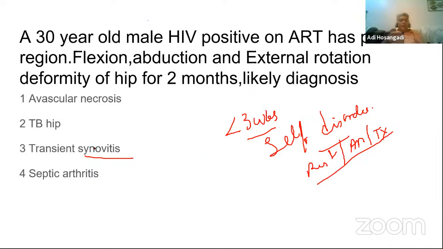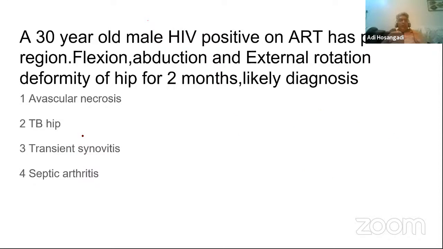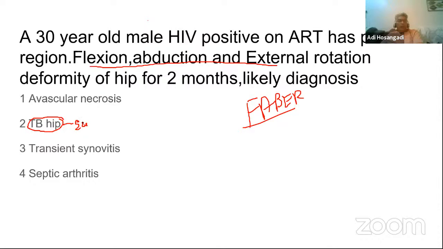That time it is transient. But here, remember, it is FABER. FABER means it can be synovitis. Now, what are the choices you are having here? Septic. Look at this. It could be tuberculosis of the hip also. In the stage of early synovitis, you will have this attitude. He has given a duration of 2 months, which means it is not transient.